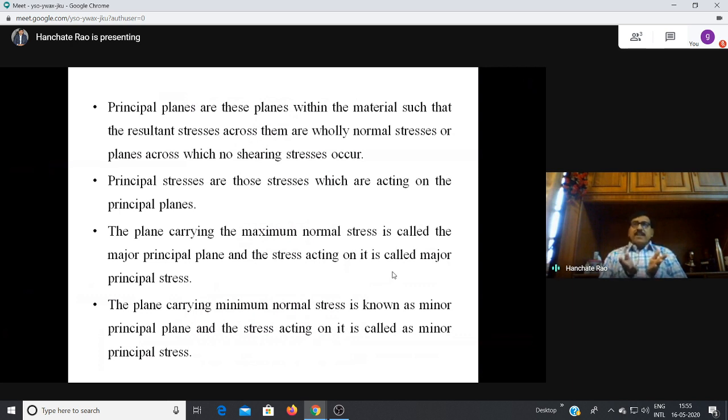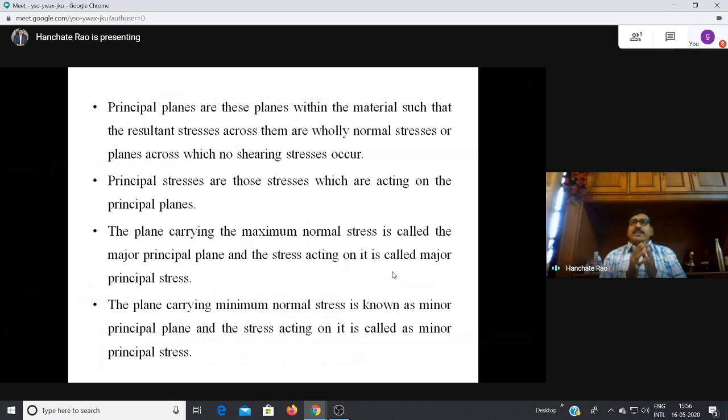So if you consider any plane within the material or within the body subjected to external forces, the plane within the material will have 2 types of stresses on any inclined plane. One stress is normal to the plane and one stress is called tangential to the plane.